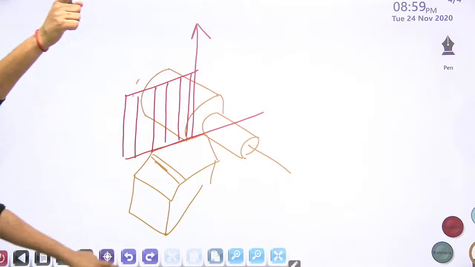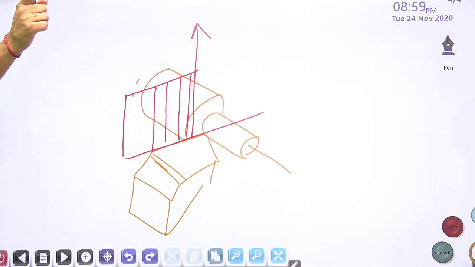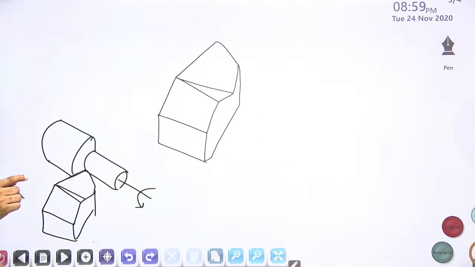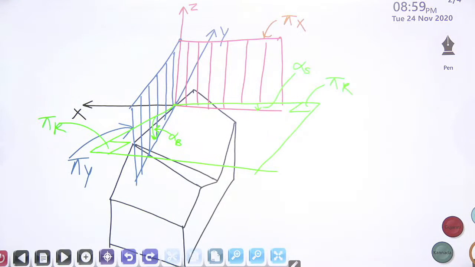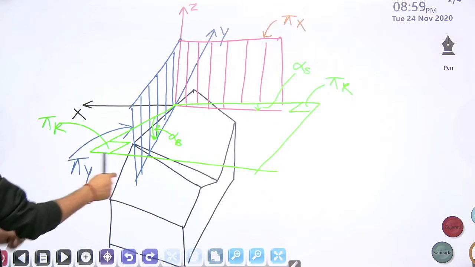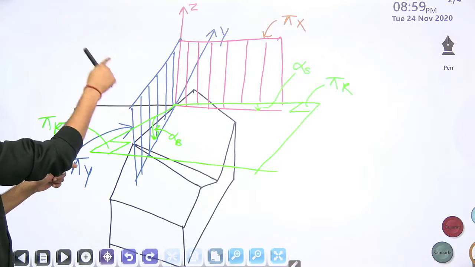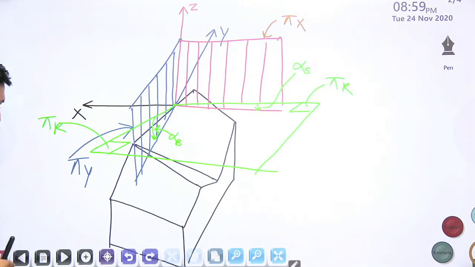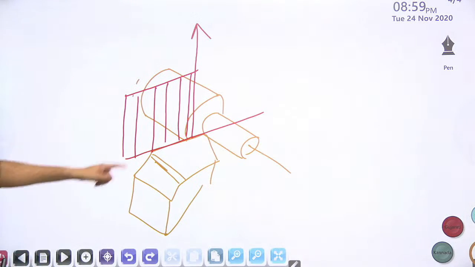Now look at the previous system. This plane here is the pi y plane of the machine reference system, the ASA system. But my dear students, look at this plane.